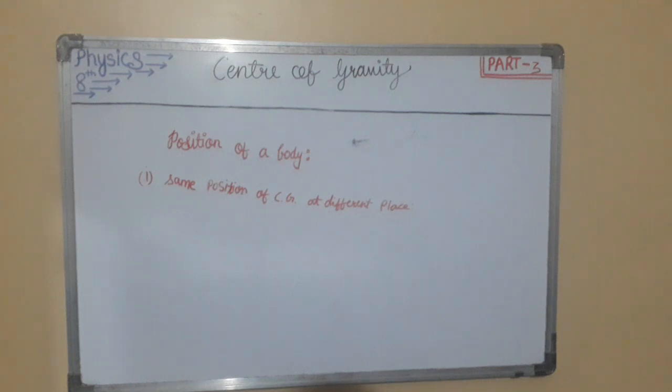Let the distance between the center of gravity CG and base D be D. When the body moves from point X to point Y, the distance between CG and D, that is D, remains same. Even though its place changes, the body remains in the same position. Conclusion: if height of the center of gravity from the base remains same, then the position remains same.